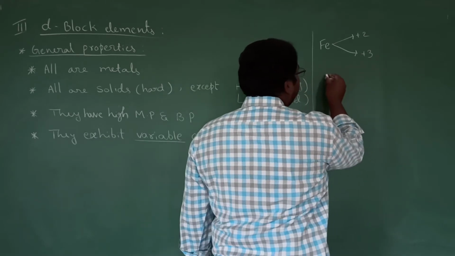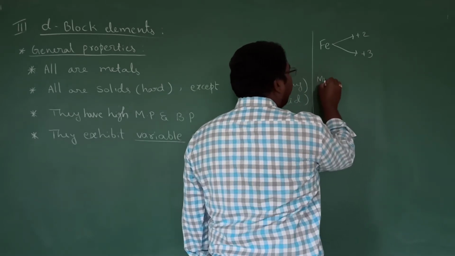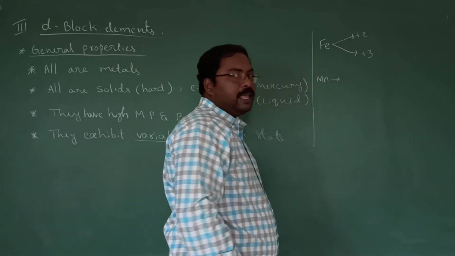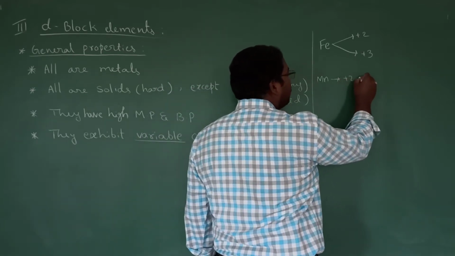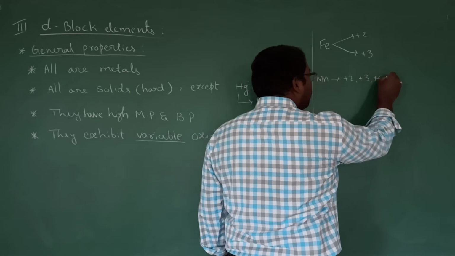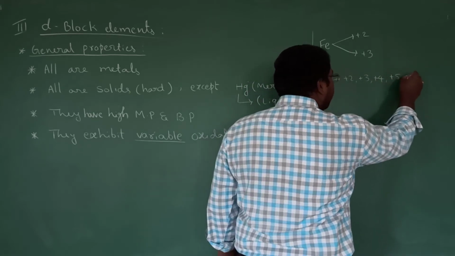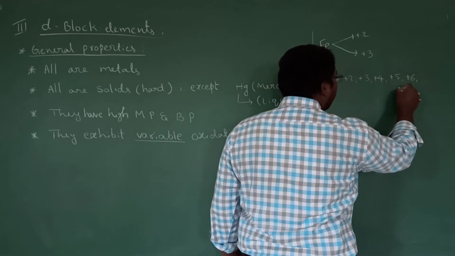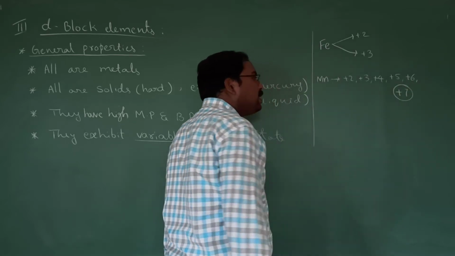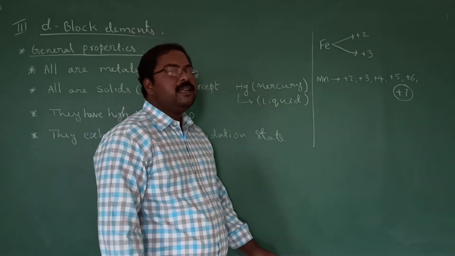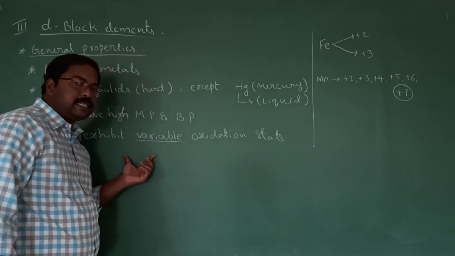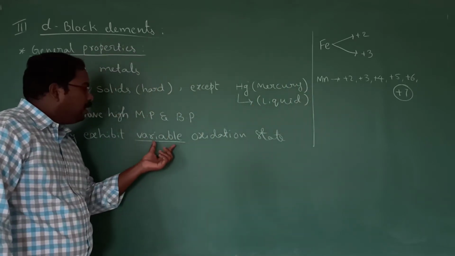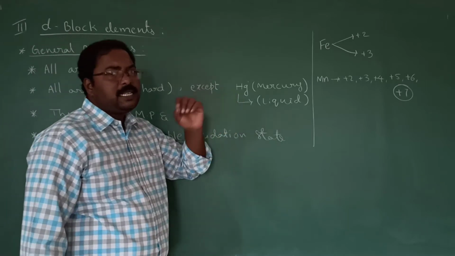In the same way, if you observe different elements like manganese, manganese can exhibit oxidation states from +2, +3, +4, +5, even +6. Also it can show +7. Okay? So that is why we say that most of the transition or D block elements exhibit variable oxidation states.